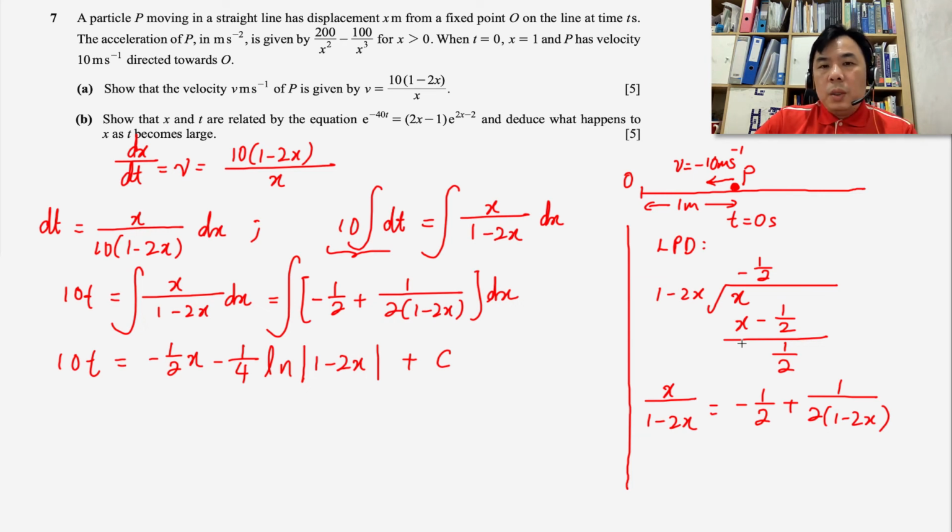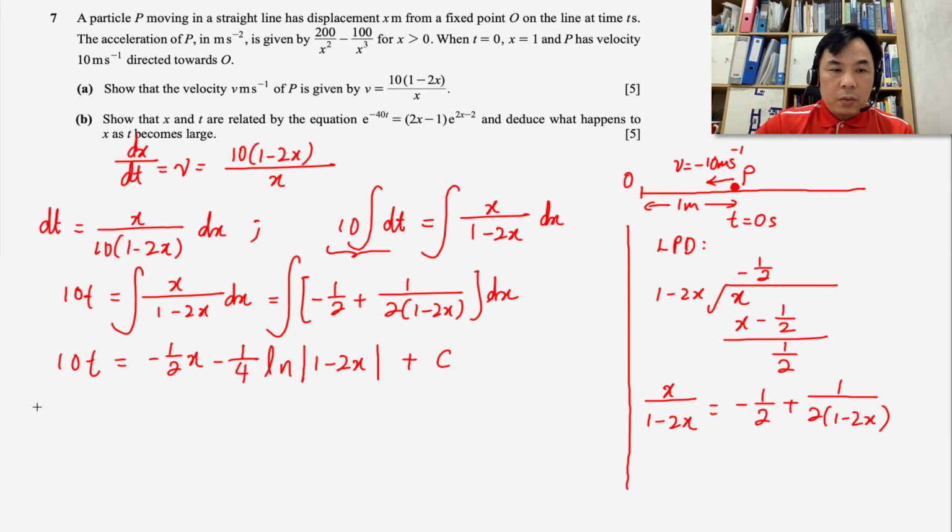At this point, all we need to do is just utilize the initial conditions one more time. When t is equal to 0, x is equal to 1. So if I put this 1 here, this section will be 0. This one will be half, and then t is equal to 0. So therefore, c is actually equal to a half.